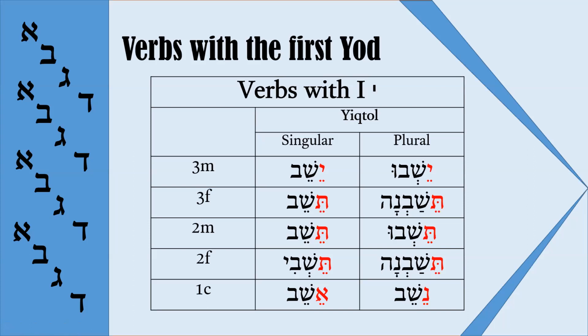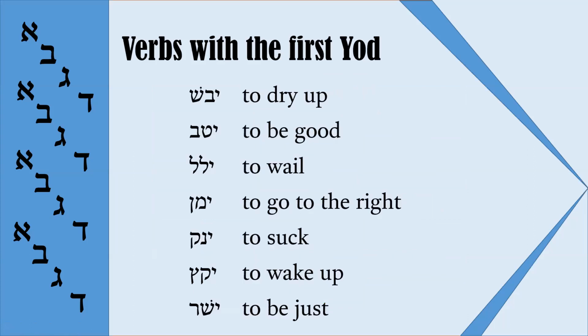Yes. Does this rule apply to all the 7 verbs? No. Wait. This rule is not applied to these verbs. Okay? Because in those verbs, yud was always a part of the root, and it will never disappear.